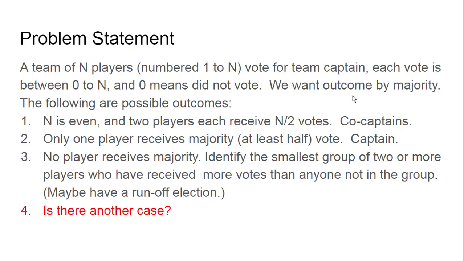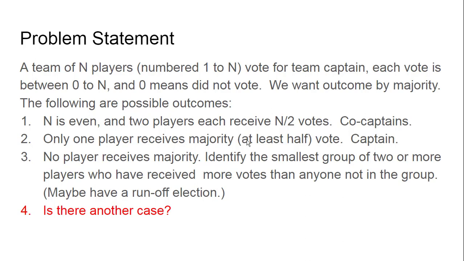We want the outcome by majority, meaning that the person who has at least half of the players voting for him or her will be captain. Then there are different possible outcomes.